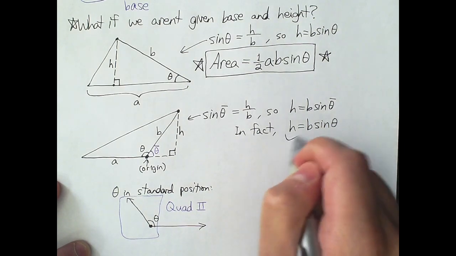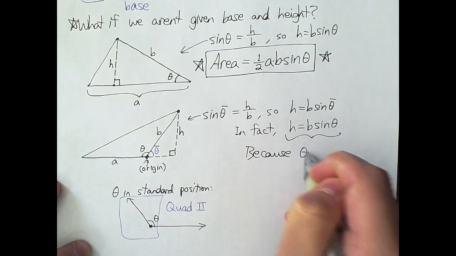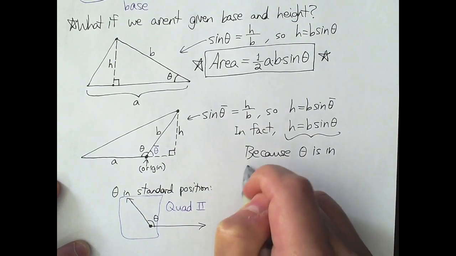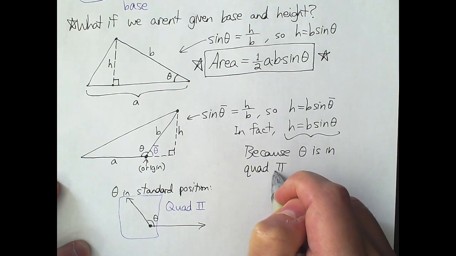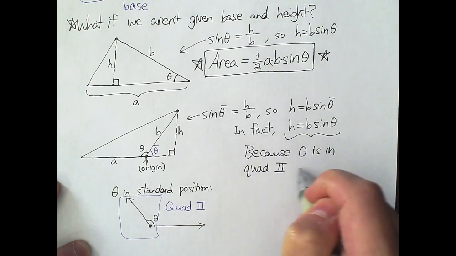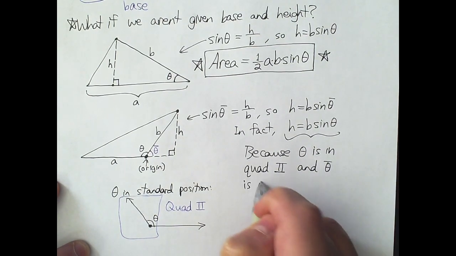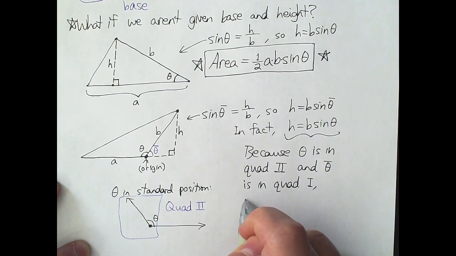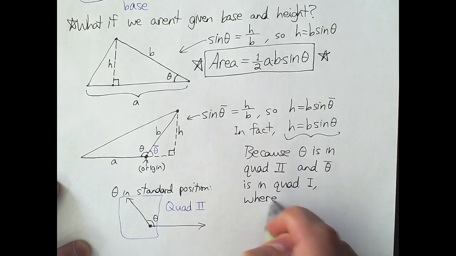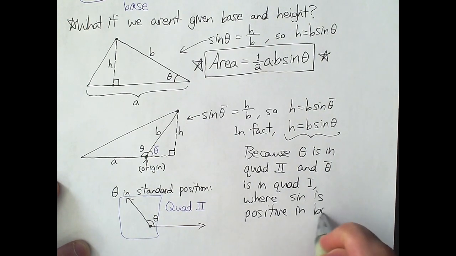So the reason why this works is because theta is in quadrant 2, and theta bar is in quadrant 1, where sine is positive in both.